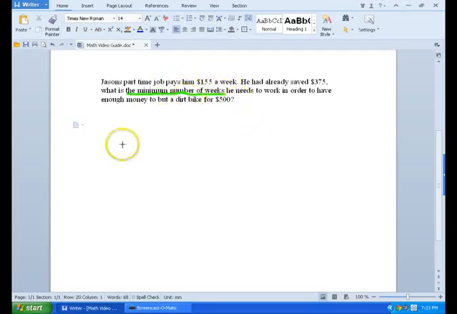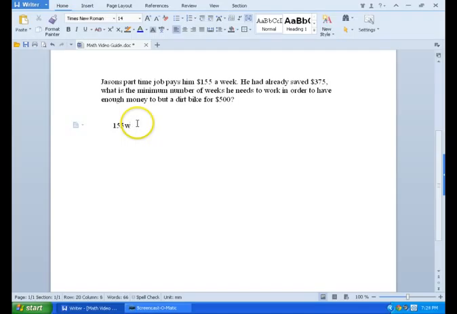What we'll figure out is we're going to do it like this: 155W, which is $155 a week, and 375 is added right here, plus 375.